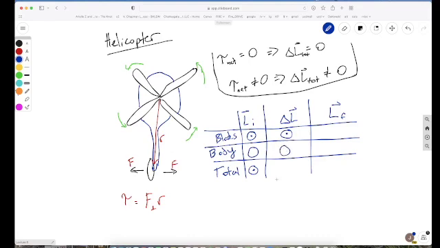This is our desired result, because we want to go up into the air without making all our passengers rotate super fast or rotate at all. So if that's the case, then our delta L total needs to be out of the page, right? In order for this to be consistent, which means the last row is also just out of the page.